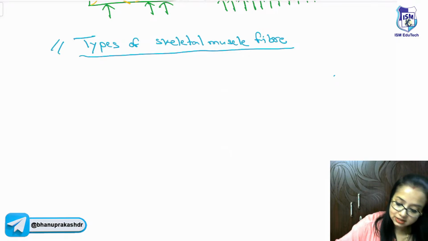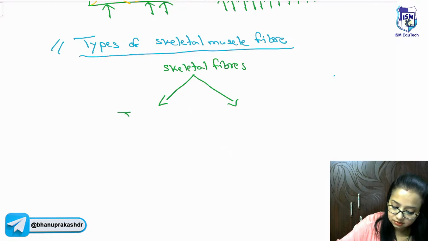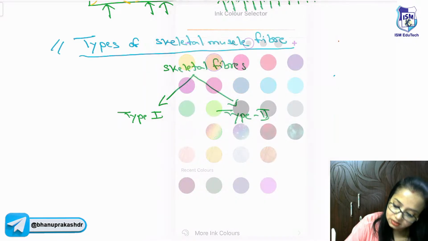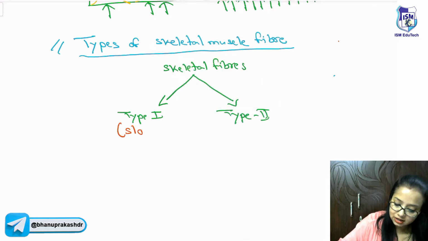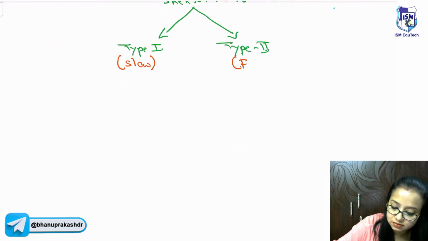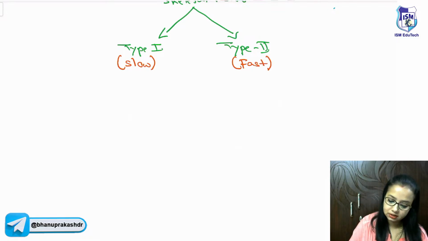Skeletal muscle fibers are classified into type 1 fiber and type 2 fiber. Now this type 1 fiber is also called the slow type of fiber, and the type 2 fiber is called the fast type of fiber. Okay.